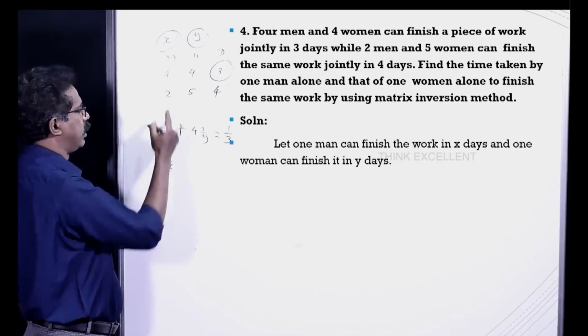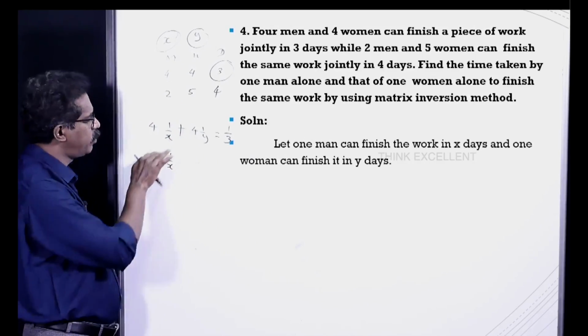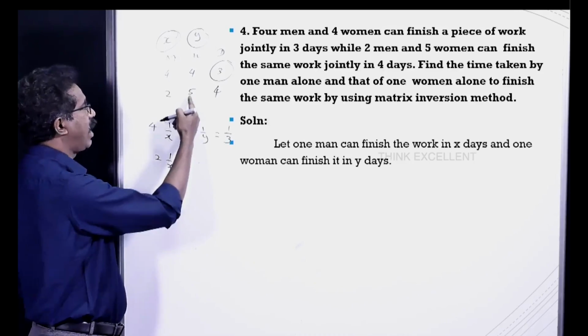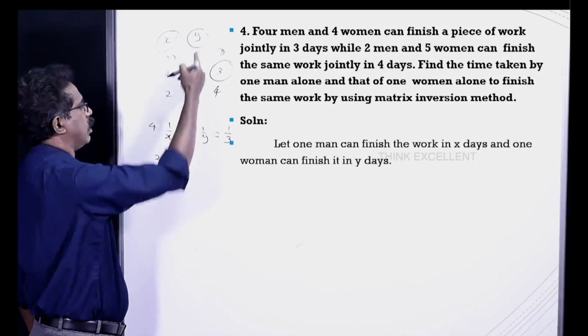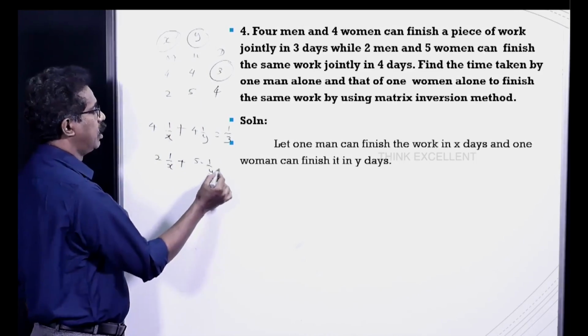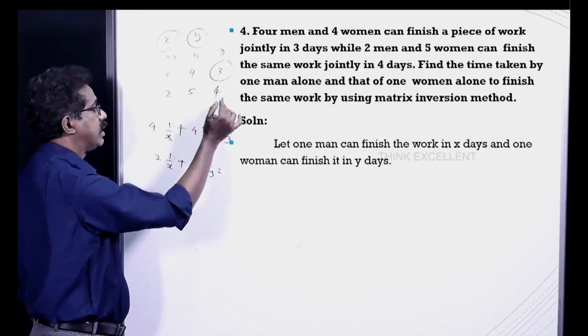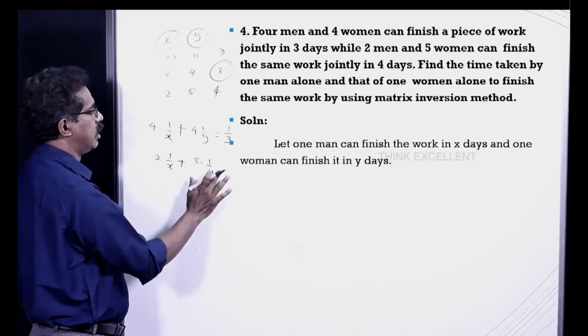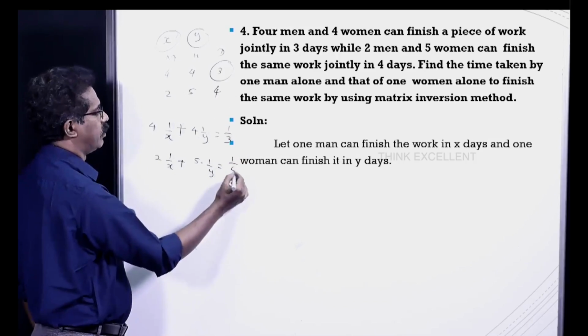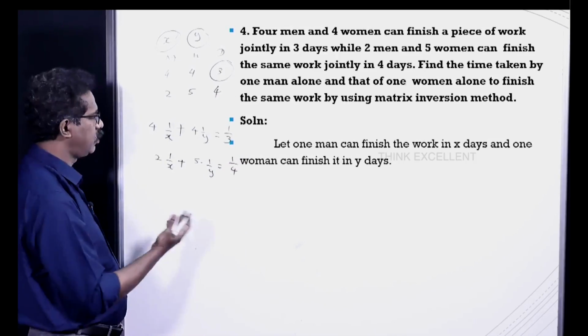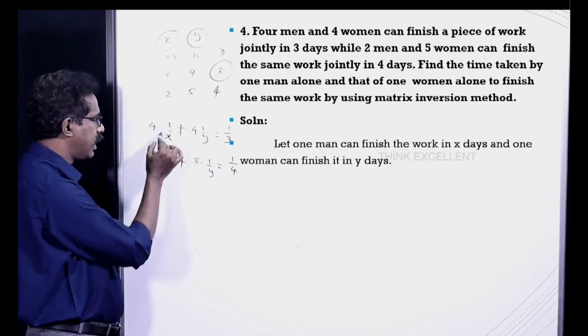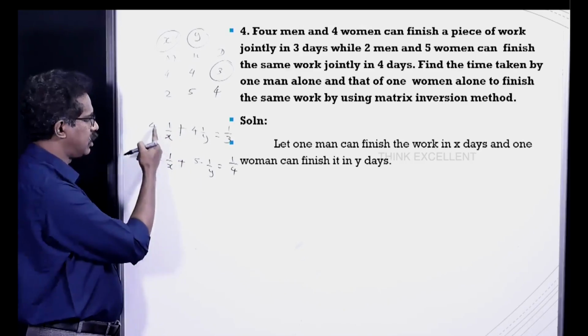Now there are 2 men, so 2 into 1/x, or you say 2/x. And 5 women, so 5 into 1/y. Together they need 4 days, but if they work 1 day like this, they can finish 1/4 of the work. Now you know how to solve it. 1/x, you take it as a, right? Actually this is 4/x.